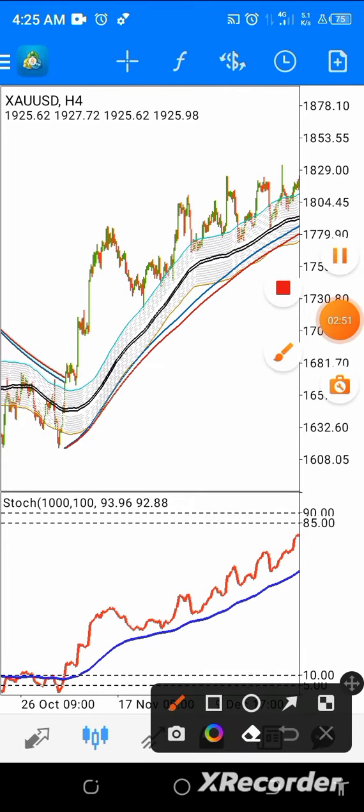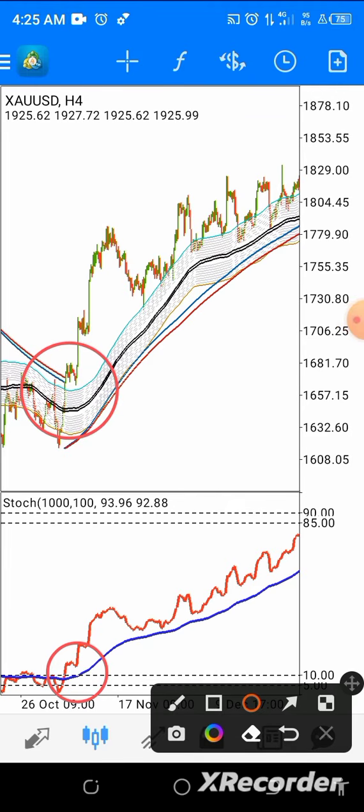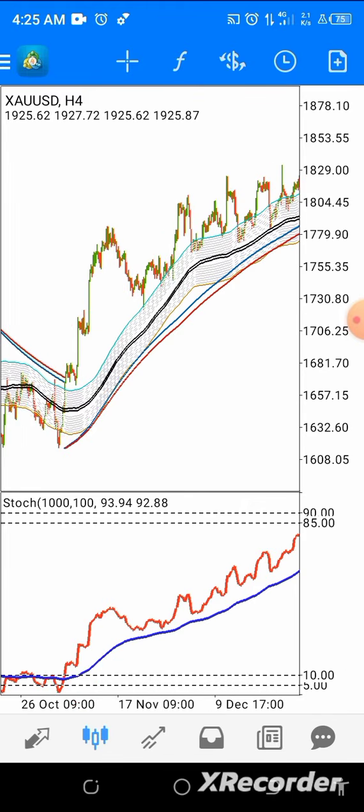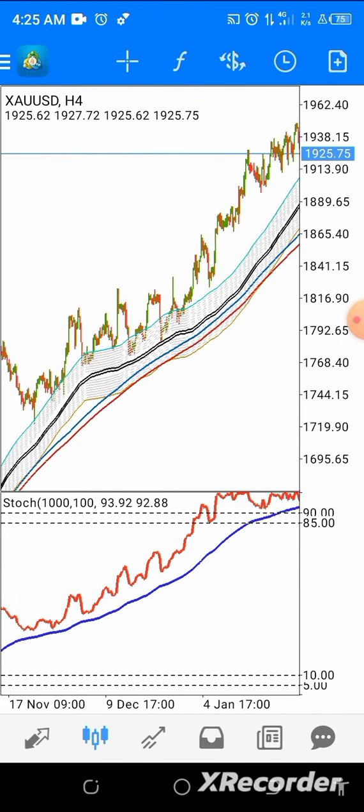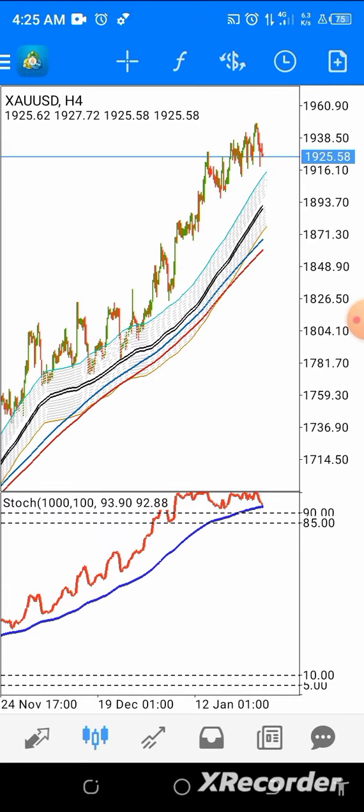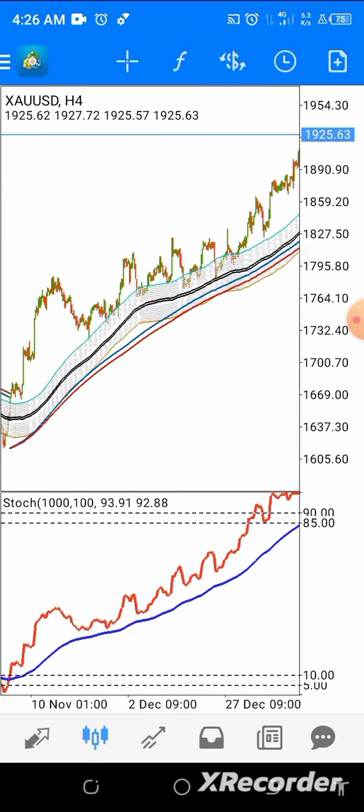Firstly, let me show you the crossover from here and here. As you can see, the parabolic changes direction from up to down. Also, the red line crosses the blue line and the move begins. Guys, this is a long-term entry.